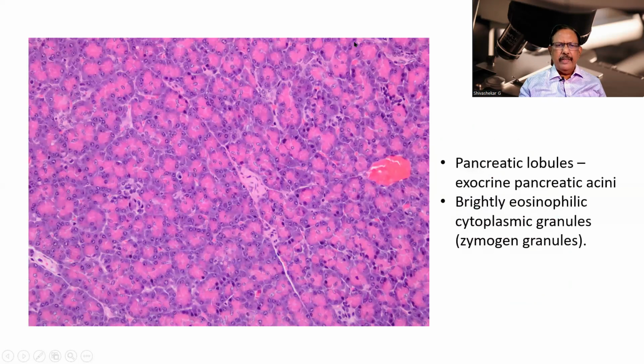So the pancreas, very easily you people can make out, and definitely it will be when you see a group of these islet cells. Otherwise, it is closely packed acini, and I'm finding the basal nuclei. The apex is somewhat pinkish in color, and I'll be lucky if I can see a granular picture, the zymogen granules.